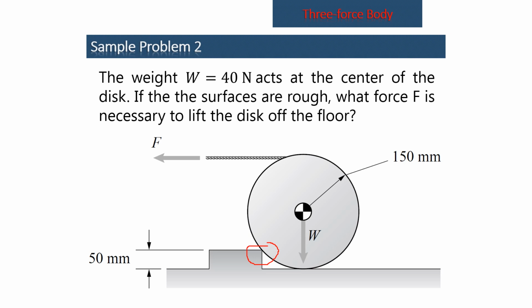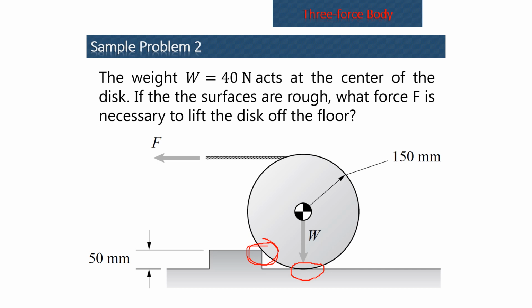So what happens is, when you pull on the rope F, the disc will roll, and the disc will not be able to be in contact with the ground, but it would be in contact with this point.